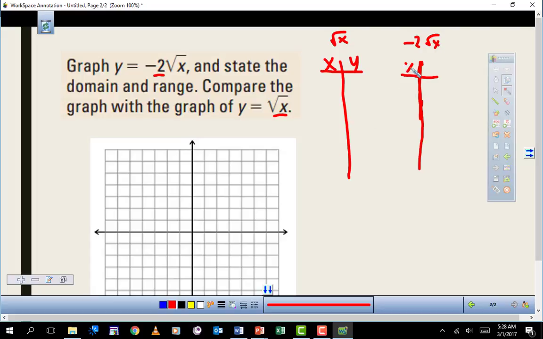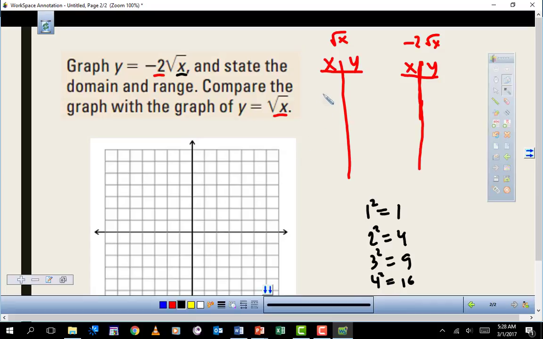And so all we need to do is pick some values. Now, here's what I want to recommend. When you're doing square roots, you may as well pick x's that are perfect squares, because it's easy to do a square root. So for example, we know that 1 squared is equal to 1. We know 2 squared is equal to 4. We know 3 squared is equal to 9. And 4 squared is equal to 16, and so on.